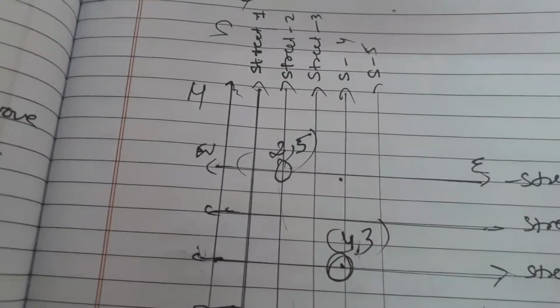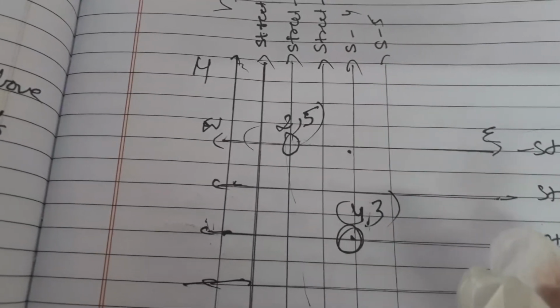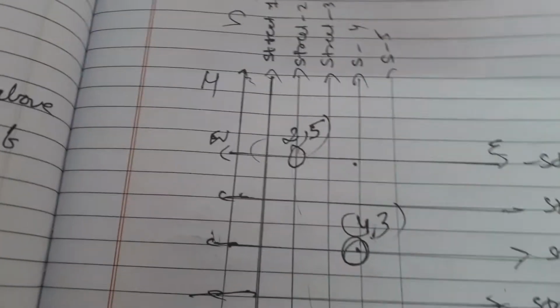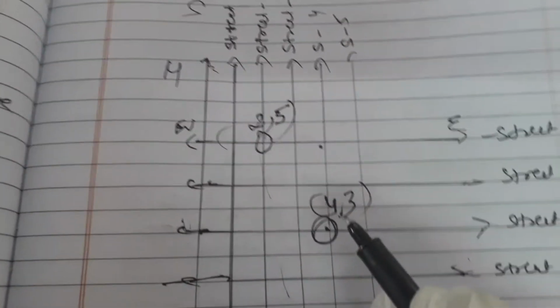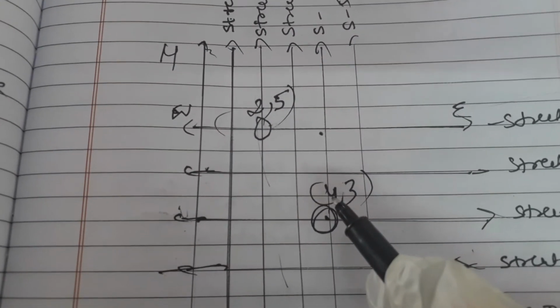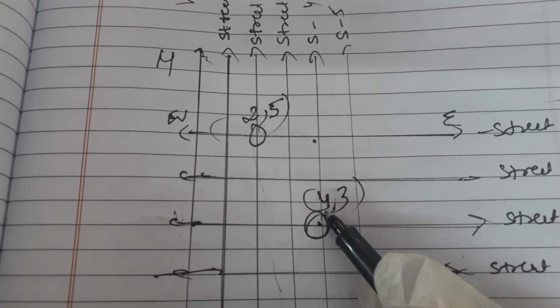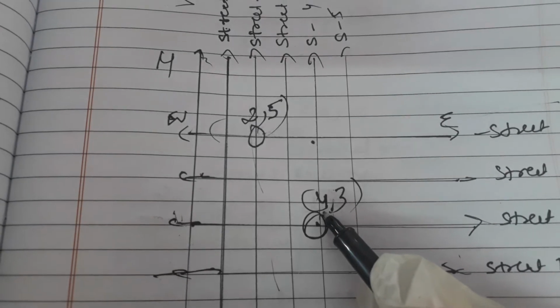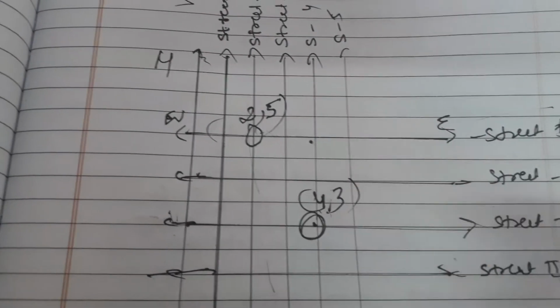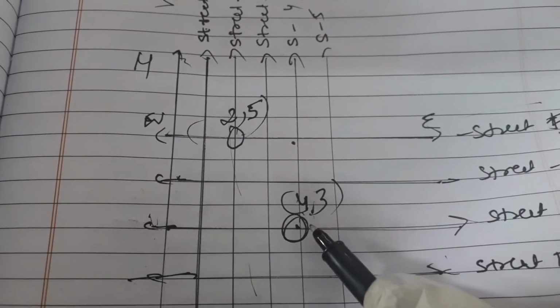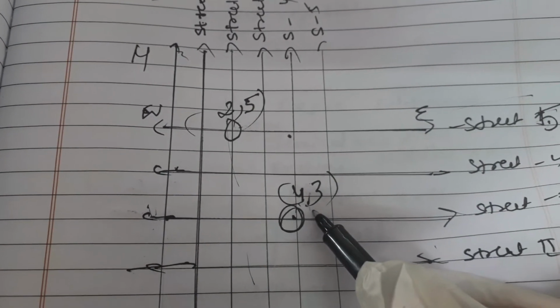Only one point can be represented. Only one unique point will be there, which will be fourth lane in north-south direction and third lane in east-west direction.